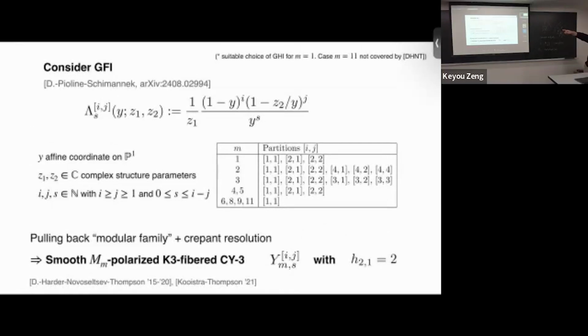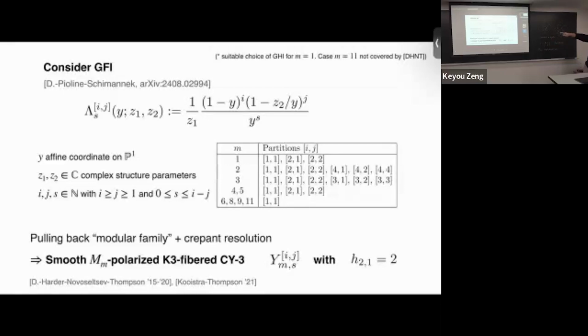And what you get is that the rational function, right? Here Y is the base parameter on P1, the base of the fibration, and Z1 and Z2 are deformation parameters. The rational function takes this universal form, where I and J are simply the ramification profile data that we need for the splitting.